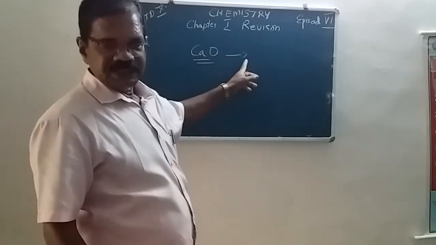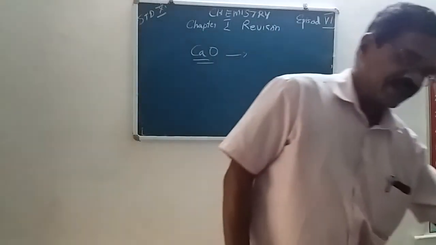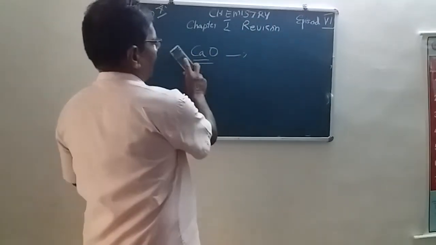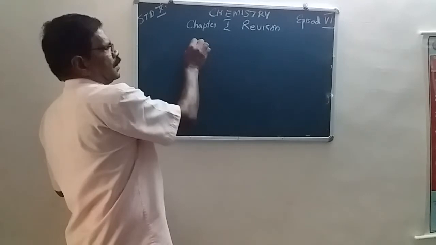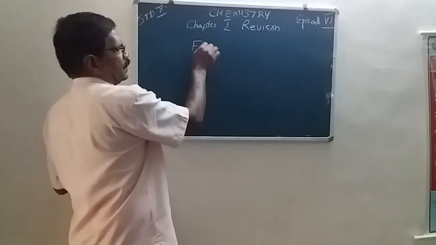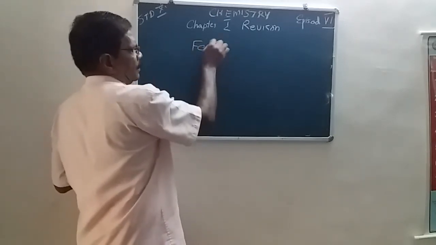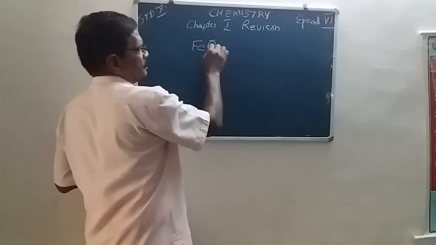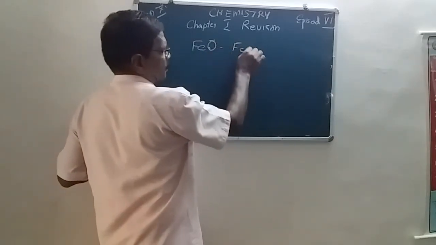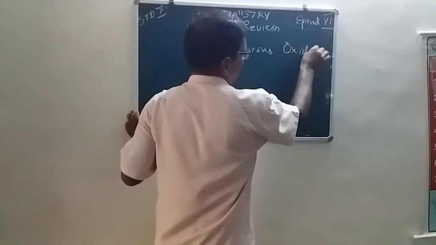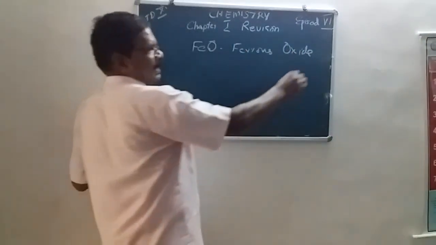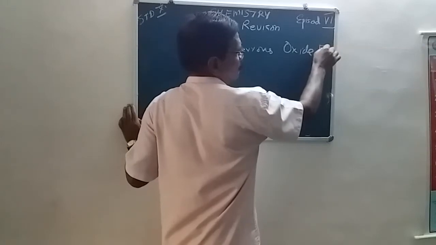Similarly, the oxides of iron in your textbook. Ferrous oxide, FeO. In ferrous oxide, iron is in the positive 2 oxidation state.